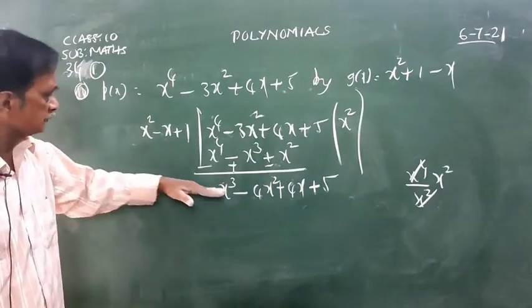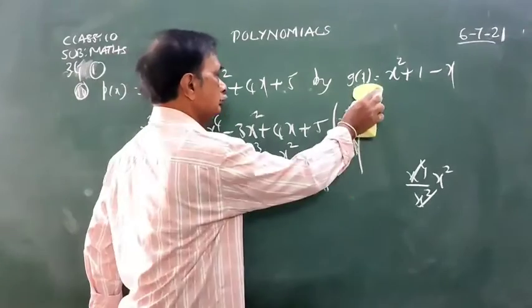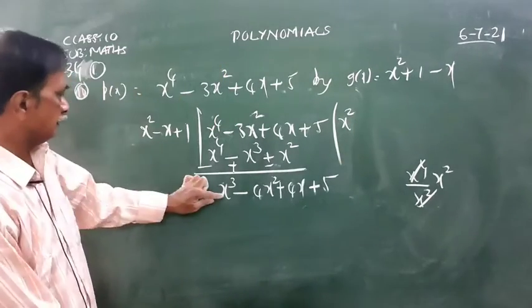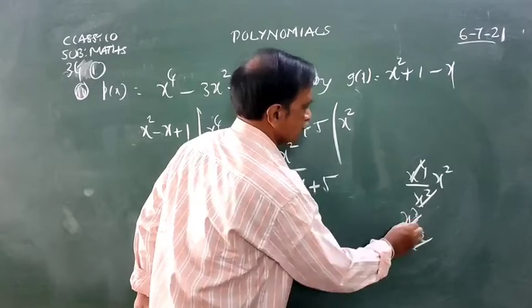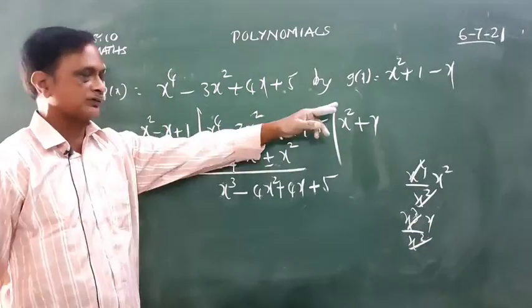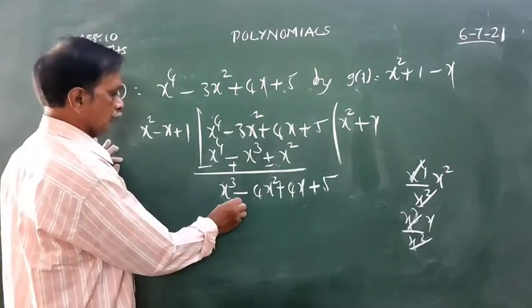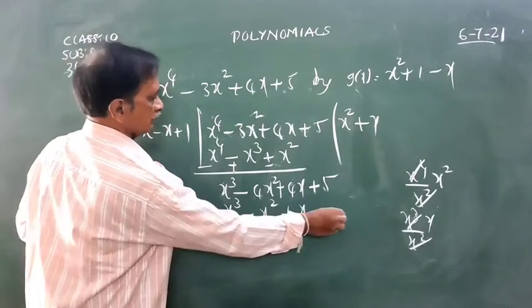Now divide the first term by first term again. X cube by x square. What is x cube by x square? Plus x. Again find the product of this division and the divisor. X into x square, x cube. X into minus x square. X into 1, x.